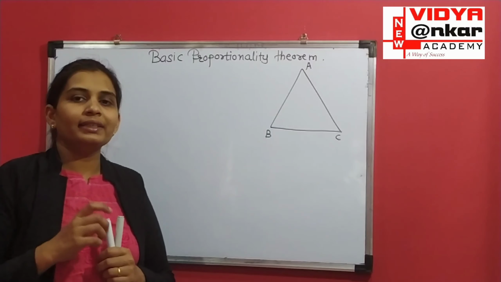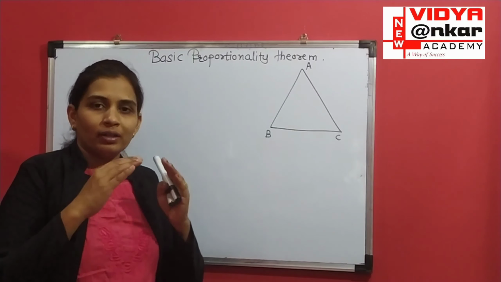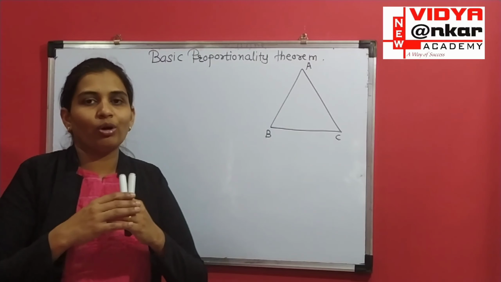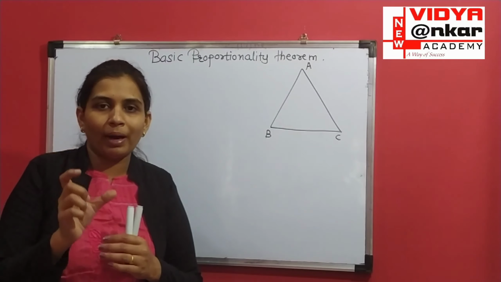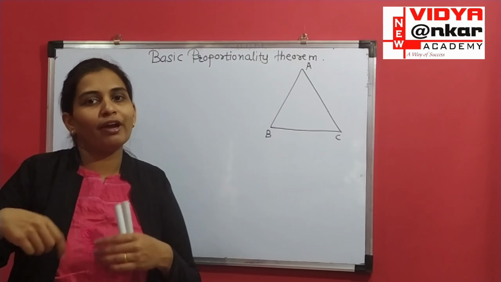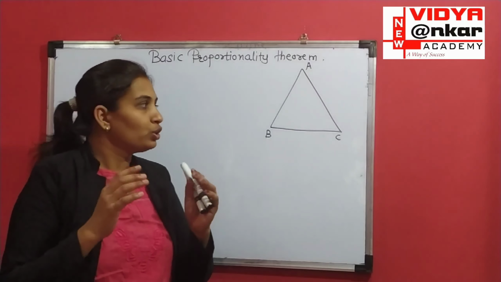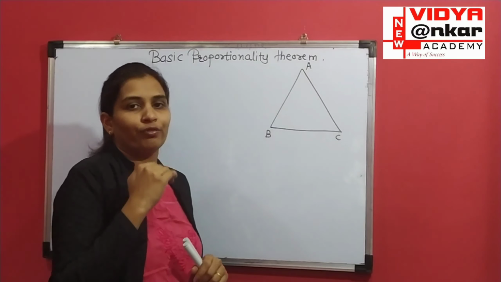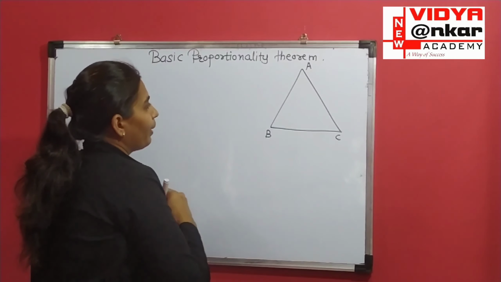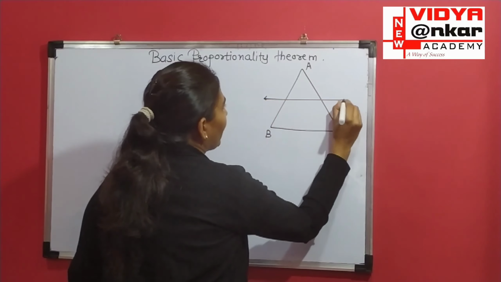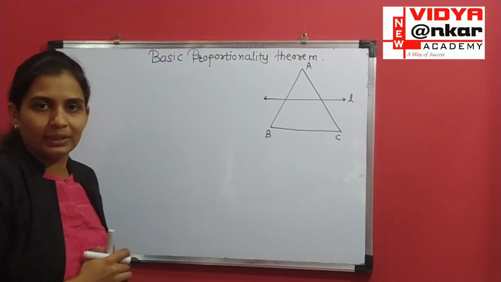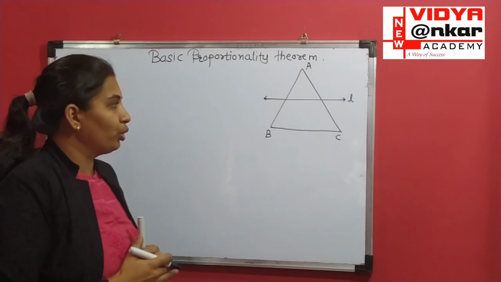Antecedent means the information which we are given, and consequent means the part of the statement which we have to prove. So we are given, if a line is parallel to a side of a triangle, so I must draw a line which is parallel to side BC. Is it clear, guys? Good.